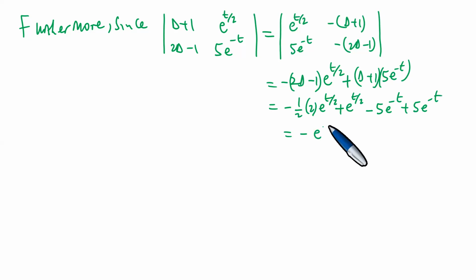It gets e to the t over 2 plus e to the t over 2 minus 5e to the minus t plus 5e to the minus t, and the result here is 0.